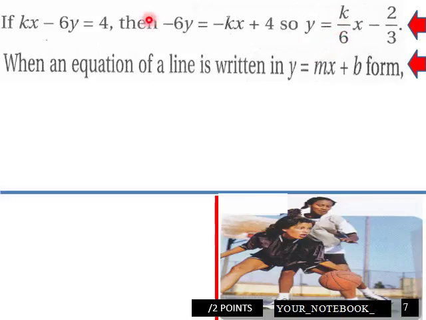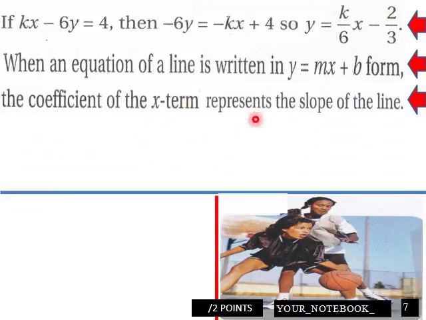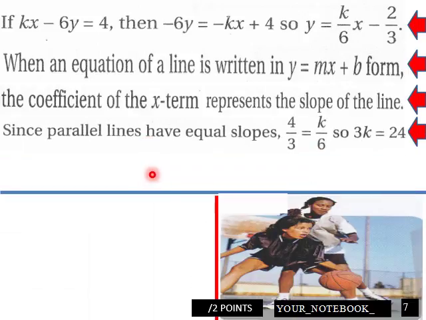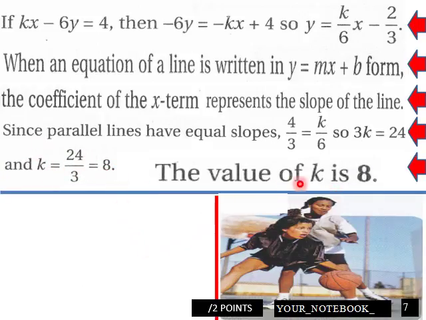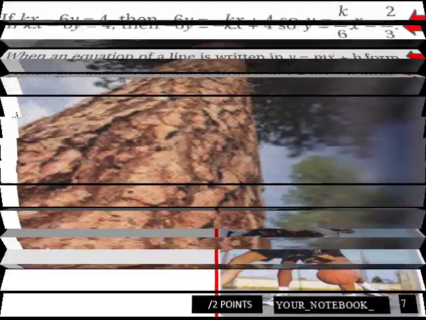For kx minus 6y equals 4, we solve for y here and get this on this side. It's in slope-intercept form. Since parallel lines have equal slopes, 4/3 equals k over 6, so 3k equals 24, and k equals 24 over 3, which equals 8. The value of k would be 8 in this case.